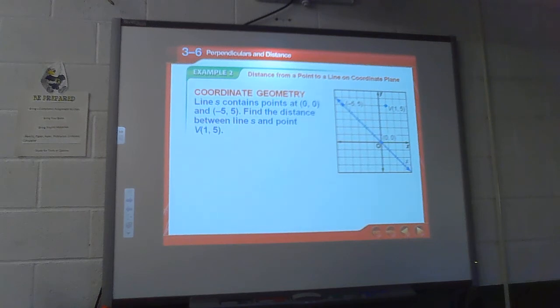If this is -1 for my blue line, what's the perpendicular slope of that line? +1, right? So, from the point that they're asking you to find, I'm going to use my new slope and apply that slope. So I go up 1, over 1, or down 1, right 1, and I would continue to do that. And hopefully, if it's right, my point would be right here, and then looks like right there, right?